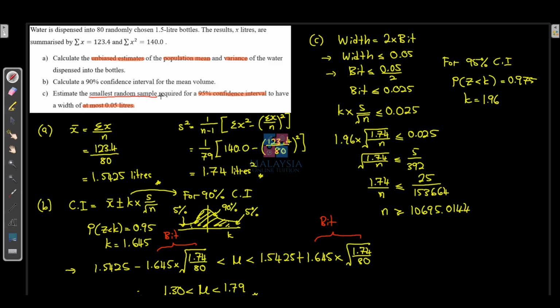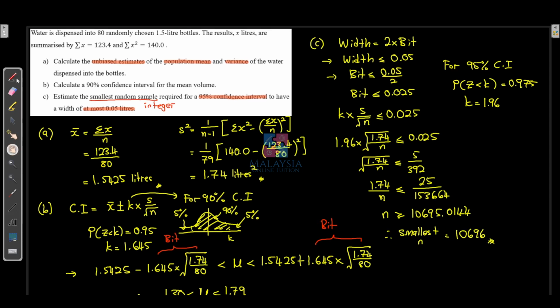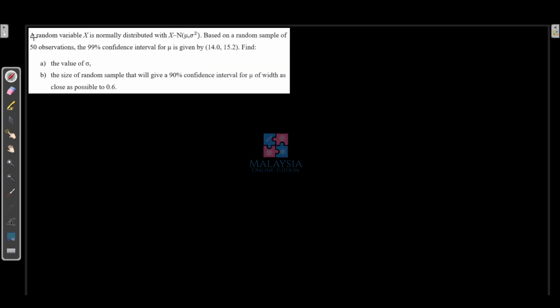You cannot have, for example, 1.3 bottles. So the next integer that comes after 10,695 is going to be 10,696. So smallest N is going to be 10,696. And this is your final answer for question number 1, part C.